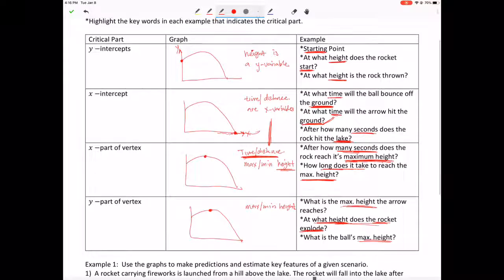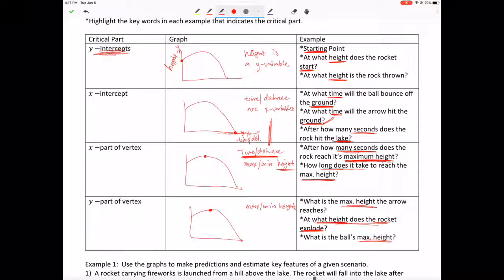Okay, so just to recap really quick, the y-intercept, that is height. So usually we would have something like height for our y. And then this would be x, our x-axis. That would be like time or distance. Okay.